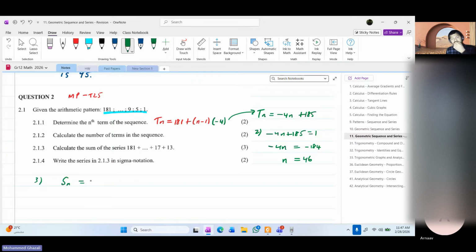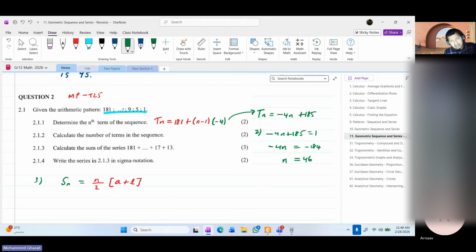Sn is equal to n over 2 into a plus l. Remember we're ending at 13, so we want to know how many terms there are first. We don't know how many terms there are, but we can calculate it.